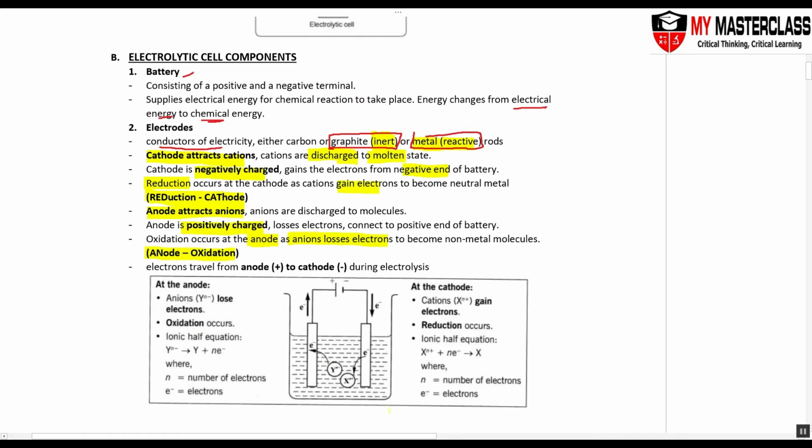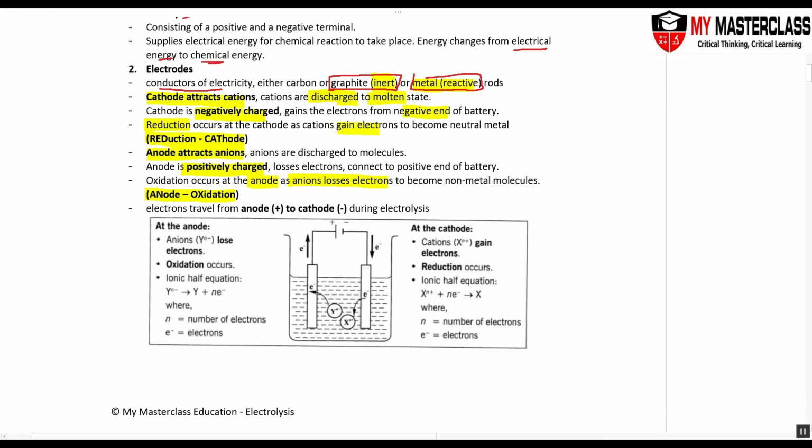So this picture, let's use an example. For example, if I have an electrolyte, which is sodium chloride, that is molten. Based on your battery, the short end, this whole part is negative and this whole part is going to be positive. The cations attract to the plate. So the positive ions get attracted to the plate, and they will gain electrons.